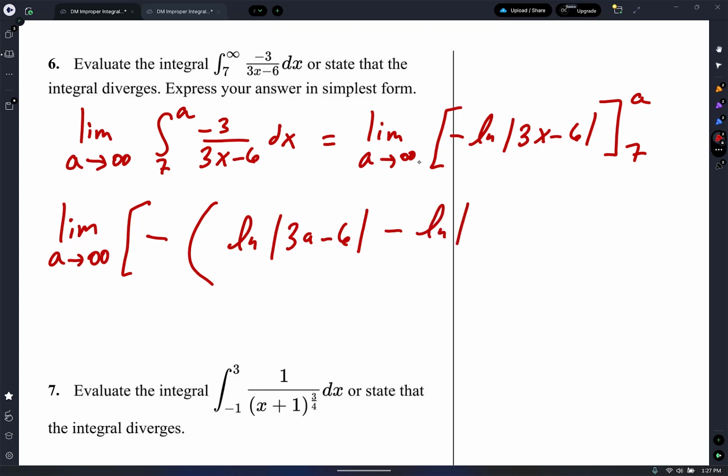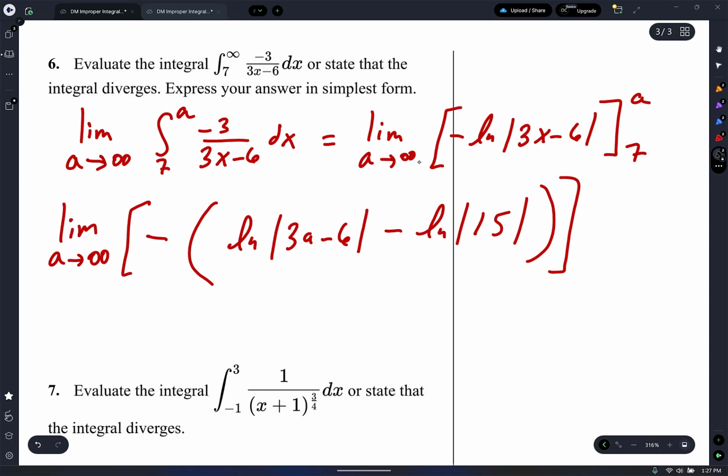What's 3 times 7? 21 minus 6. I factored out the negative. 3A minus 6. Before you solve, I guess you could combine them if you wanted to, but I think this is good enough right here. I think actually it's good enough for the free response too.